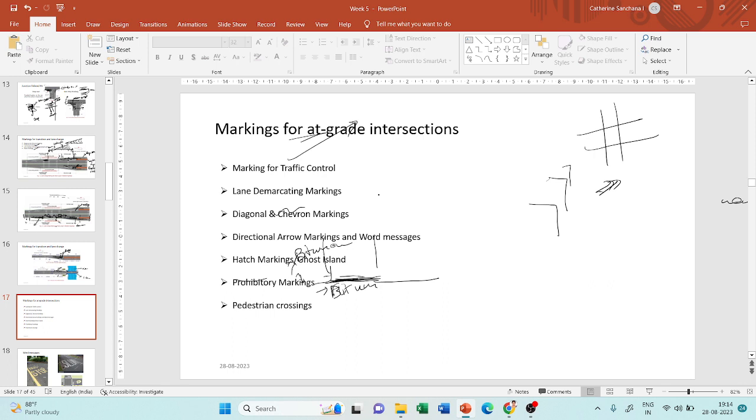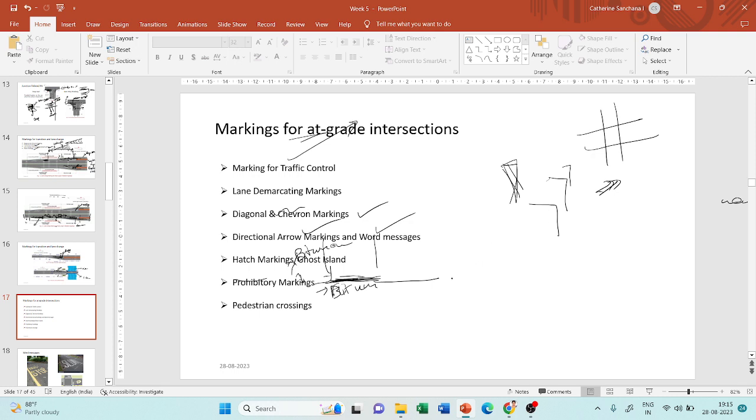You can have arrow messages, arrow markings to tell you the direction. Word messages, we saw stop and all, right? And for give way also we saw arrow. Then you can have diagonal or chevron markings if your width is going to be changed.